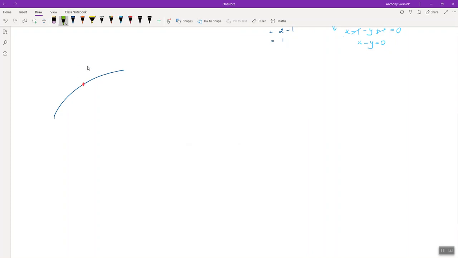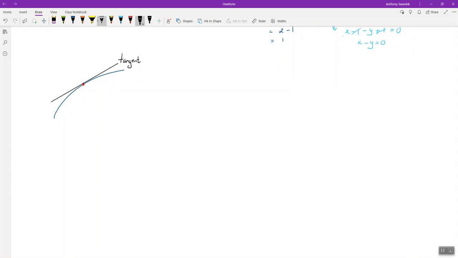Let's get that line in. Here we go, that's a bit better. Now this here, as hopefully you're well aware now, is our tangent.